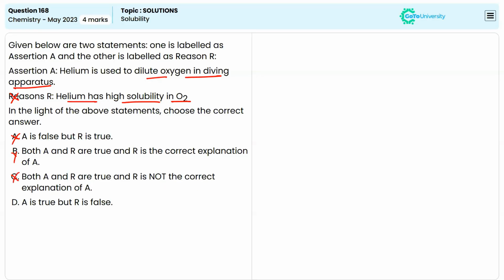Coming to the last option, A is true but R is false. So this will be the correct answer. So the correct answer is option D.